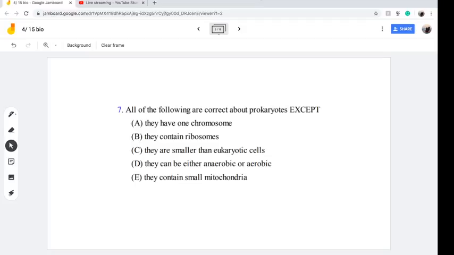So the correct answer here would be E because prokaryotes do not carry mitochondria, and the only answer choice that says that is E. So E would be the correct answer for this question.